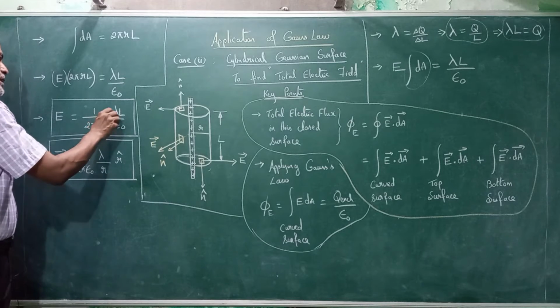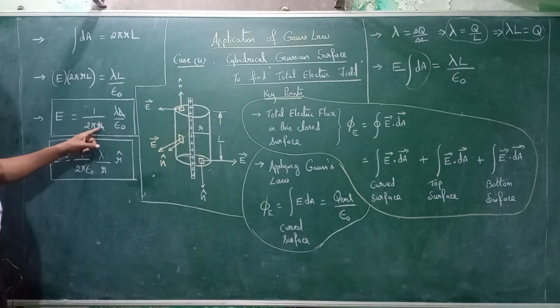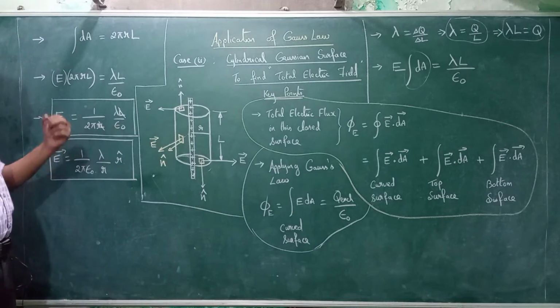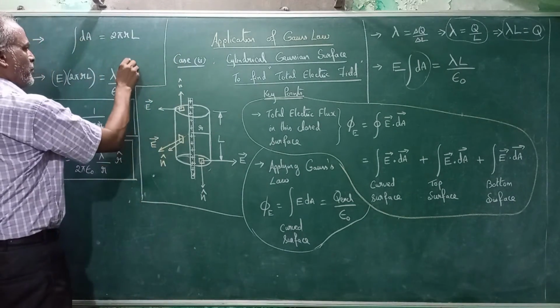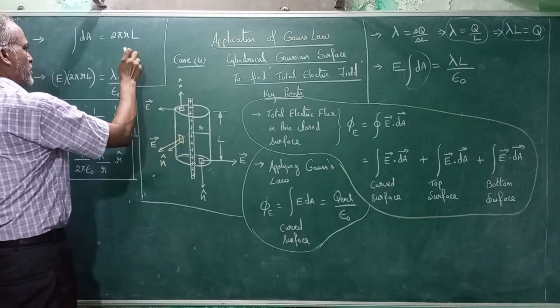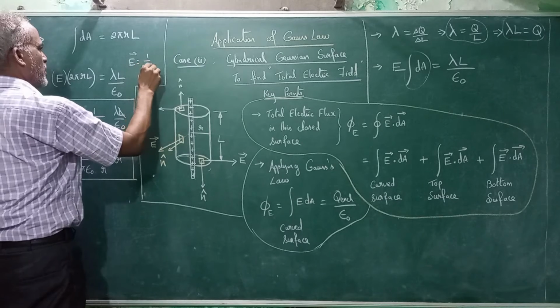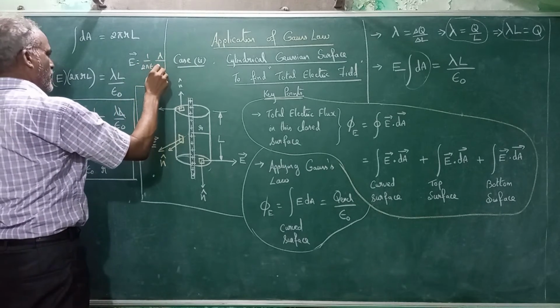Now lambda L and lambda L get cancelled. So we have electric field equal to 1 divided by 2 pi r into lambda divided by epsilon naught. Now this can be written as E vector is equal to 1 divided by 2 pi epsilon naught into lambda by r.